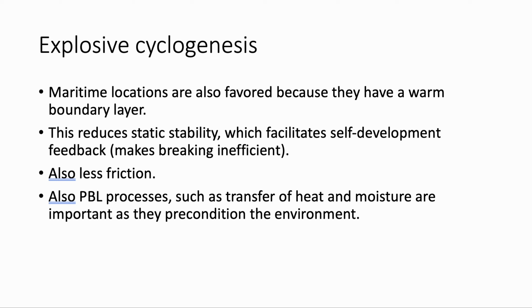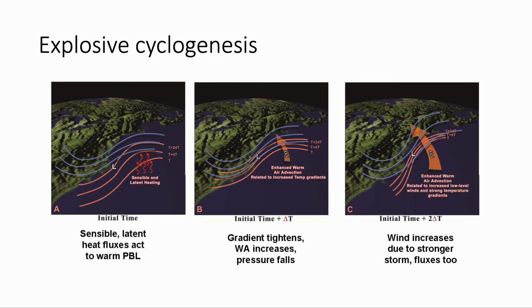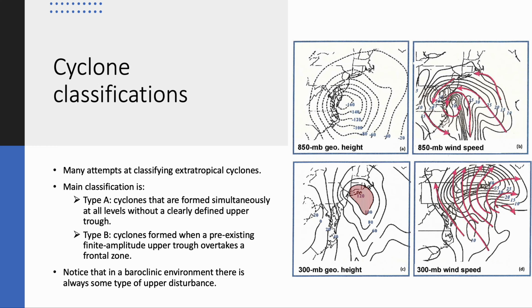Over the ocean, you have no mountains, and so there's less friction, which is pretty important. This is a very dated depiction of what cyclogenesis might look like. This is the East Coast, I believe.